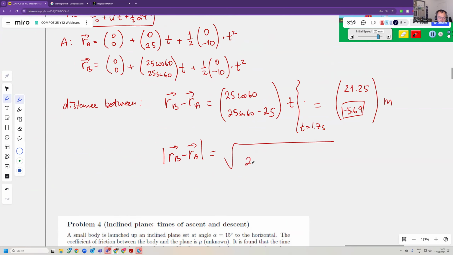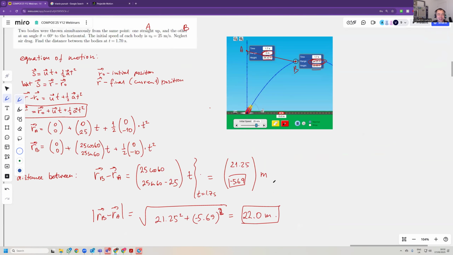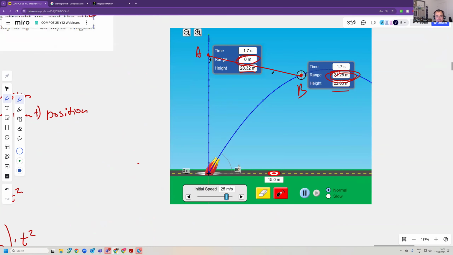is the square root of 21.25 squared plus 5.69 squared, which is 22.0 meters. So that's the distance. It does look very reasonable, right?